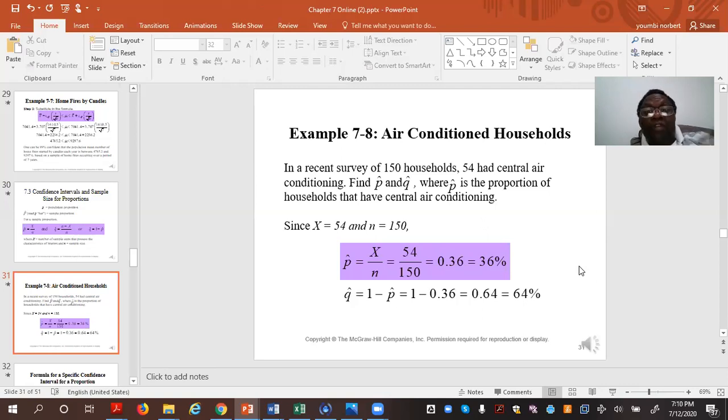But can we say that 36% of the whole population has central AC? No, this is only for the 150 that we have. But this information from the sample, we can try to generalize it to the whole population by computing the confidence interval for the population proportion using the sample proportion.